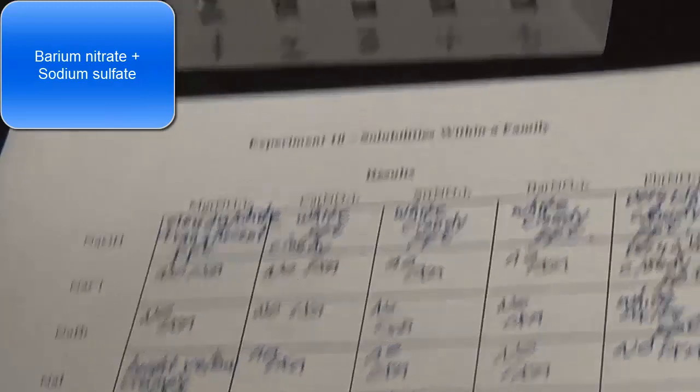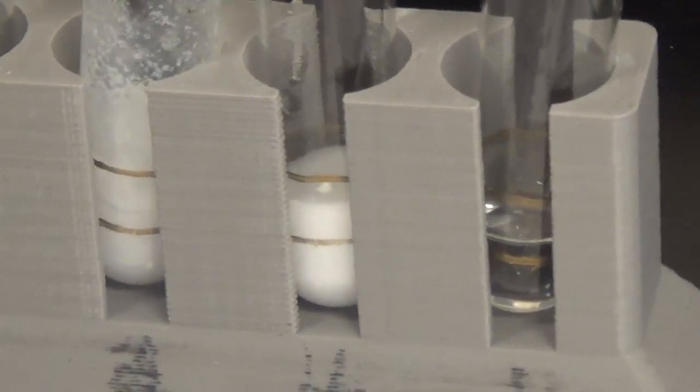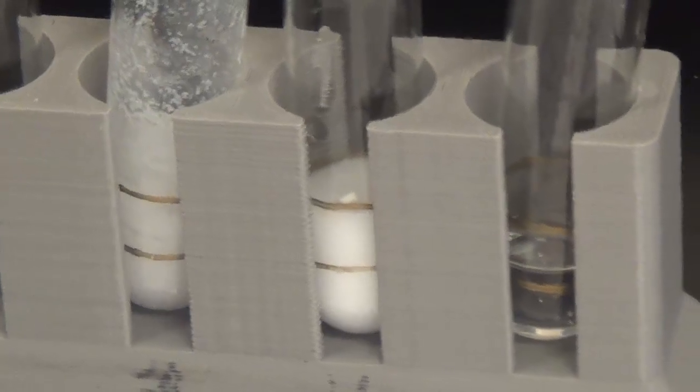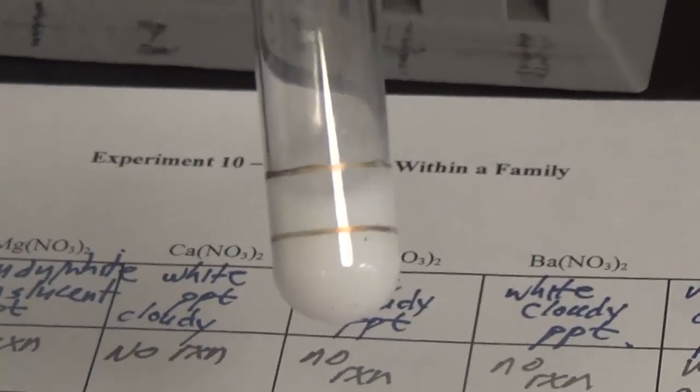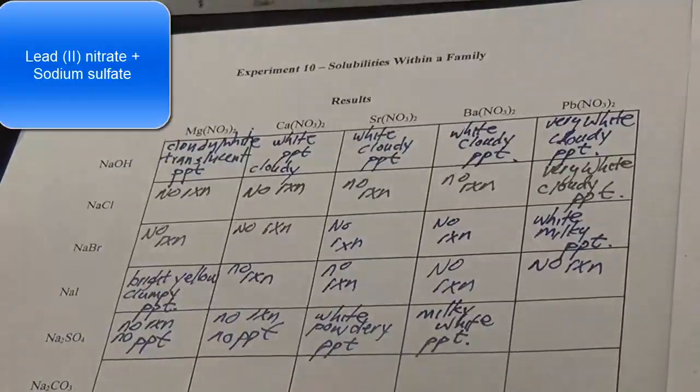Barium nitrate and sodium sulfate. I already know this will be barium sulfate. So there is the milky white precipitate, insoluble barium sulfate. Okay, that's barium sulfate.